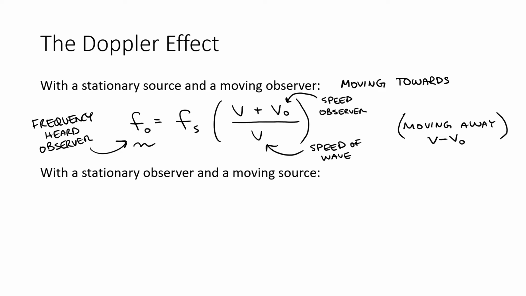Now, if you're a stationary observer, you're at a train track crossing, you're waiting for the train to pass. The source is the thing making the sound, so it's approaching you. So it's moving towards. We have this relationship. The variables mean the same thing.